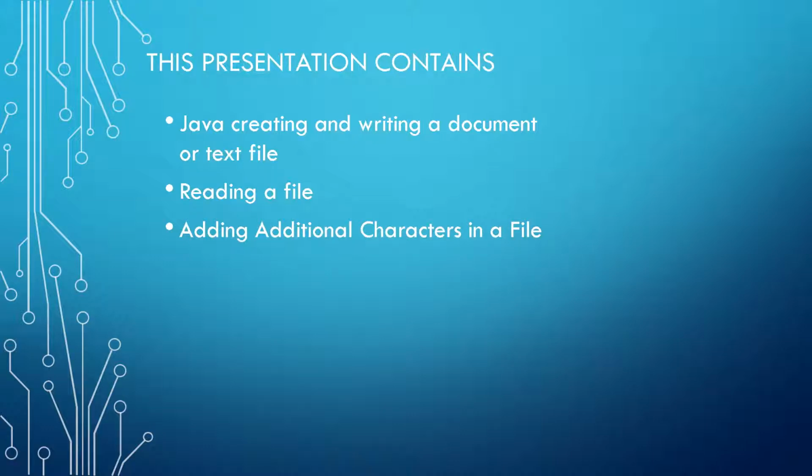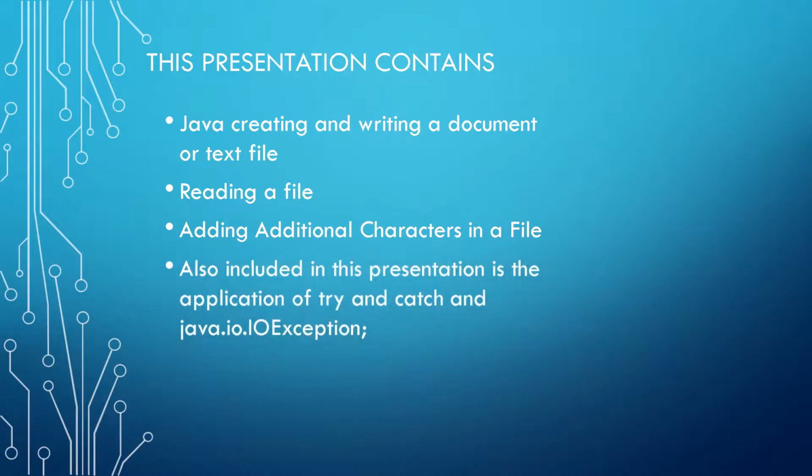Then the third is how do we add additional characters in a file? How do we append text in a file? And then finally, we are going to include also the try and catch and the Java IO exception, which are the error catching phrases in Java.